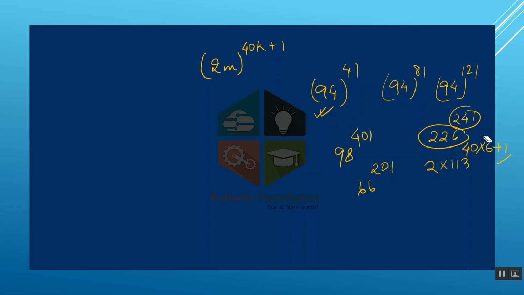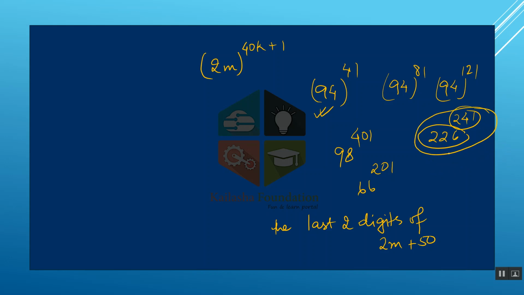What will happen? The last two digits will be the last two digits of 2m plus 50. That means 226 plus 50, that is 276. So what are the last two digits? 76.